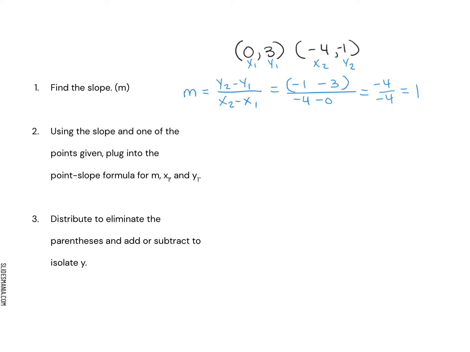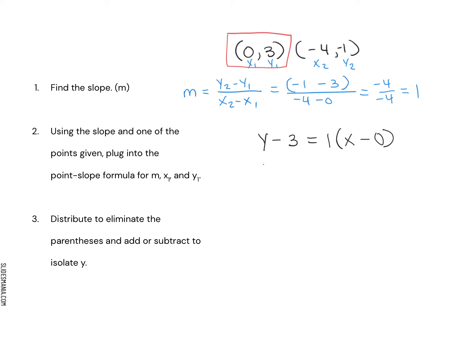Now we're going to substitute in. We only need 1 point for point-slope form. I'm going to use the first one because I think that one will be easier. So we'll do y minus 3, that's our y1, equals 1 times x minus 0. x minus 0 is just x.